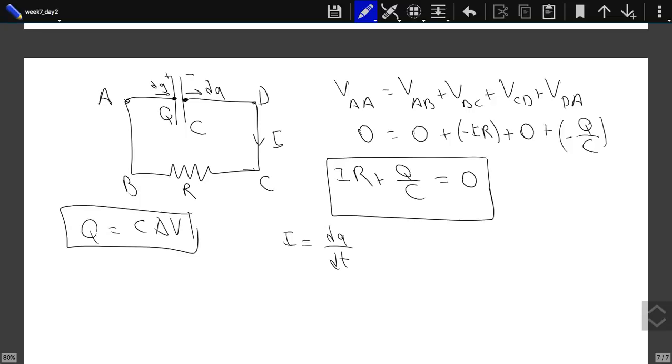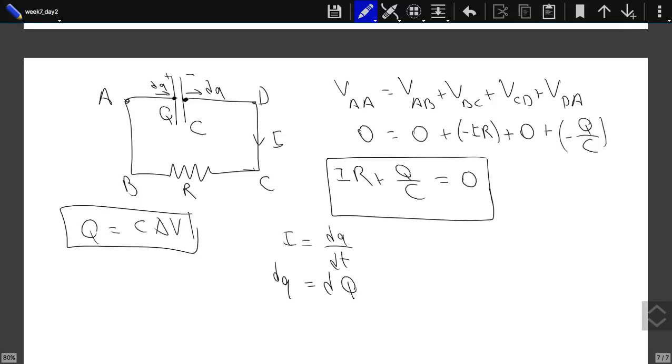But that means if dq is positive, the charge in the plate also increases by dq. So large Q goes to large Q plus small dq. So what we call dq over here is in fact the change in the charge of my capacitor. This is the general definition.